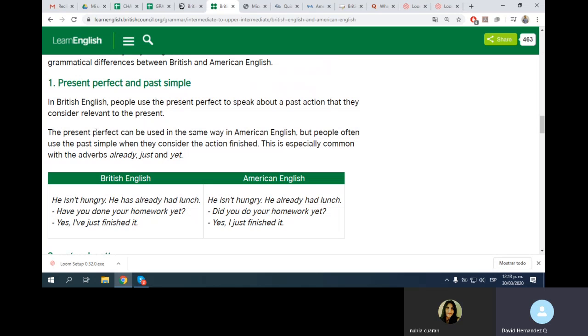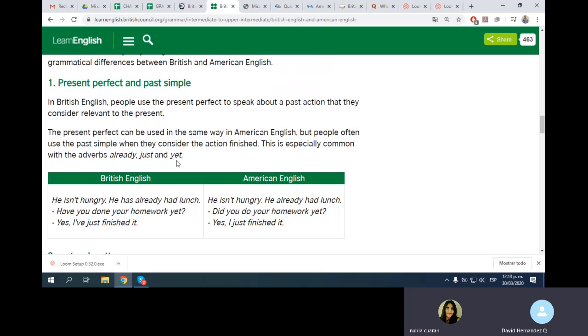The present perfect can be used in the same way in American English, but people often use the past simple when they consider the action finished. Mira que aquí pronuncié the D en action, porque la palabra que sigue es como tal. ¿Ves? This is especially common with the adverbs already, just, and yet.